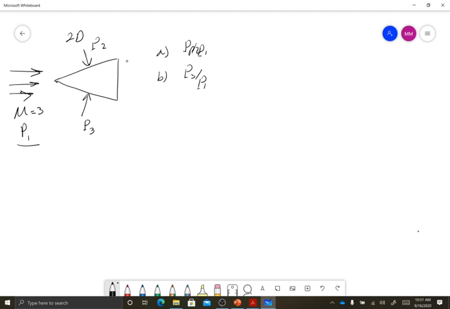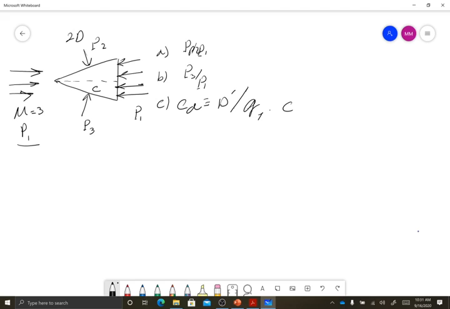We have P1 here, also at the back surface. And the last part is that we are asked to find the drag coefficient. Q1, that's C, and this length here is your C.